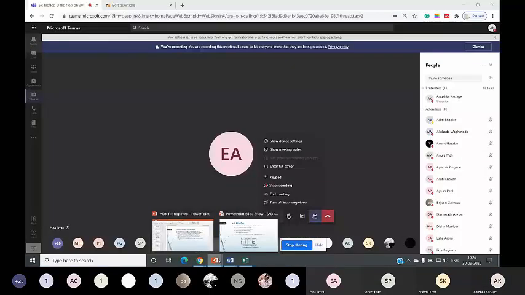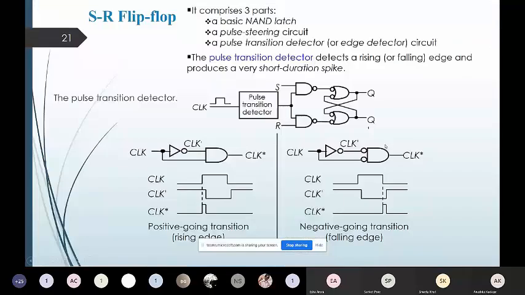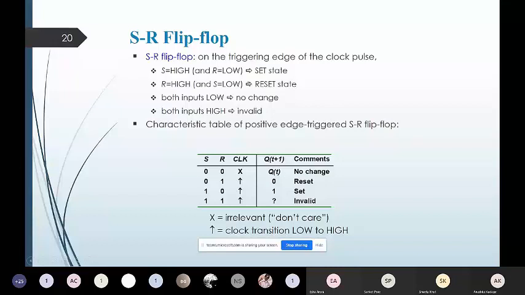So here I was telling that based on the input value condition, we are going to obtain either of the stable states.